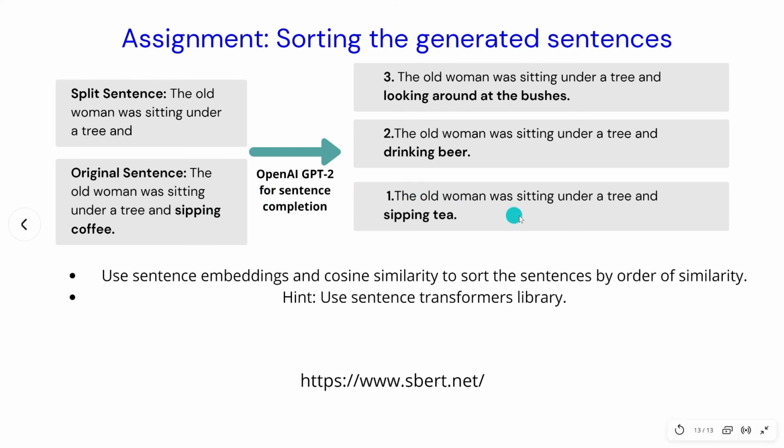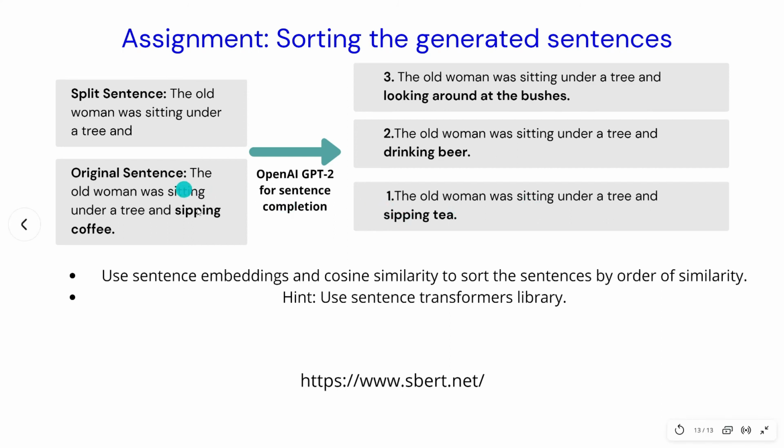So if there is any way to sort all the 10 generated sentences in the order of their dissimilarity, then it is ideal for us to just pick one or two top dissimilar sentences and use them as falsified sentences.